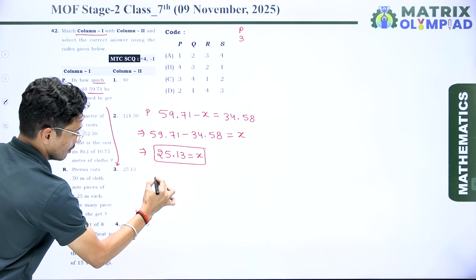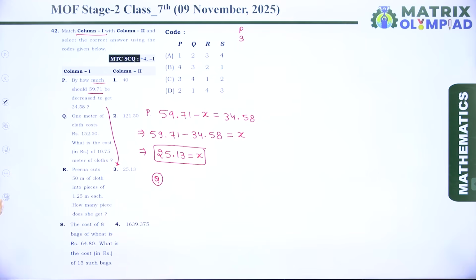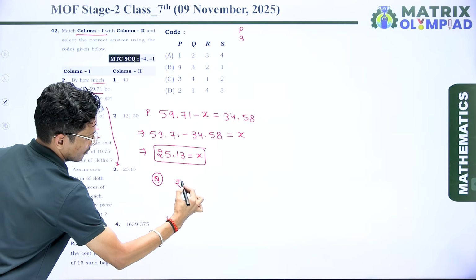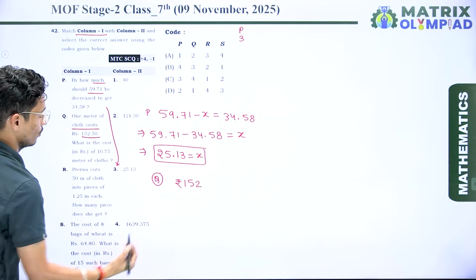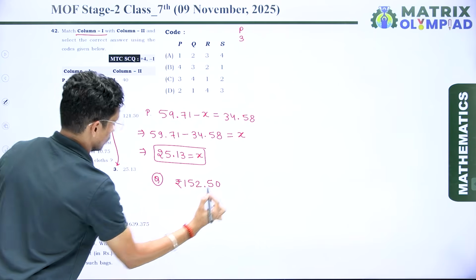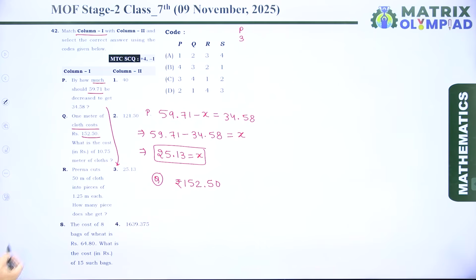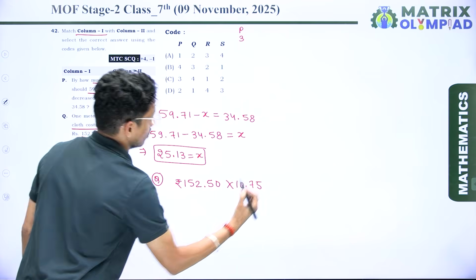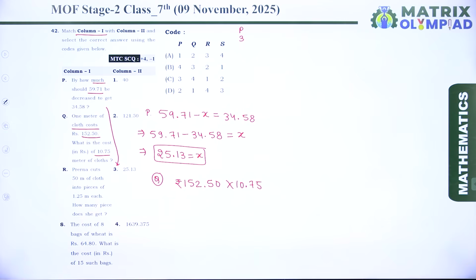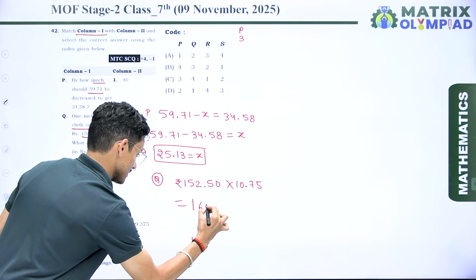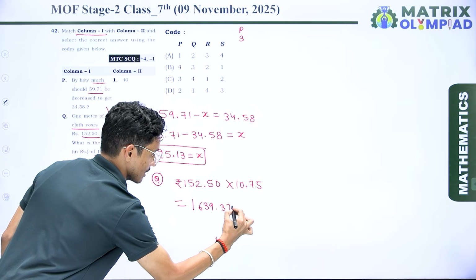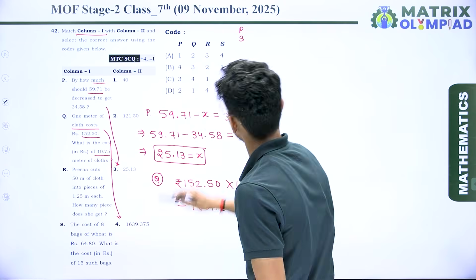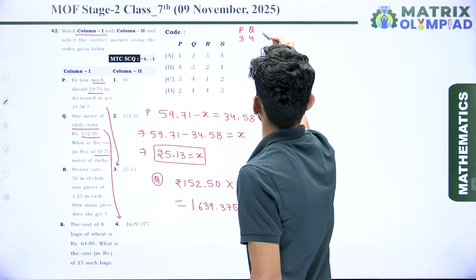So I can write here P is connected to 3. Okay, so now if I talk about the Q, that is 1 meter of cloth cost is rupees 152.50. Then what is the cost of 10.75 meter of clothes? So when we multiply it, we get answer that is 1639.375. It means Q is connected to 4. So I can write here Q is connected to 4.